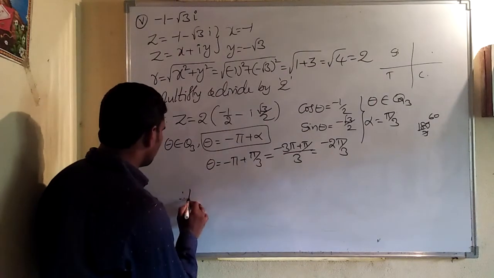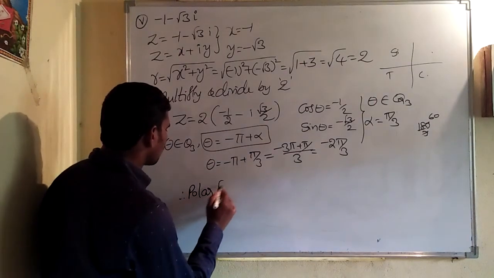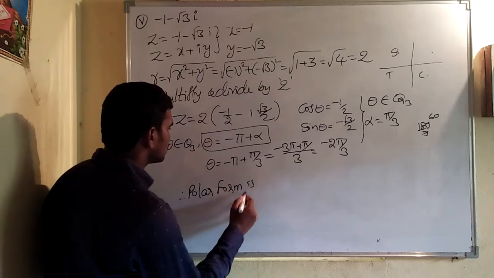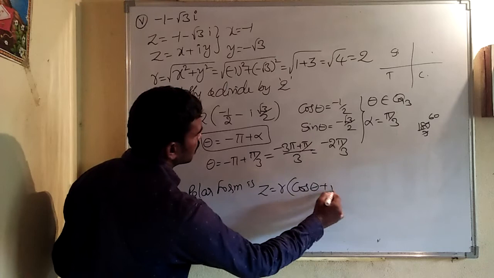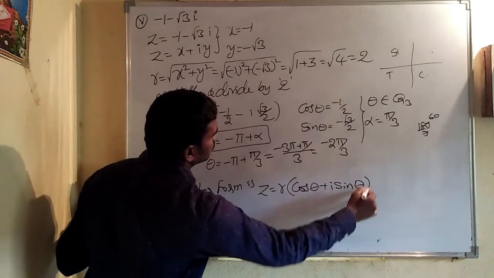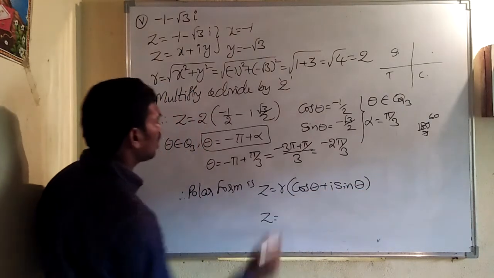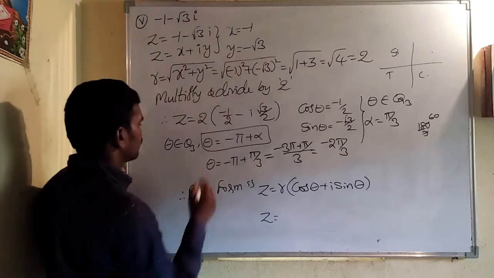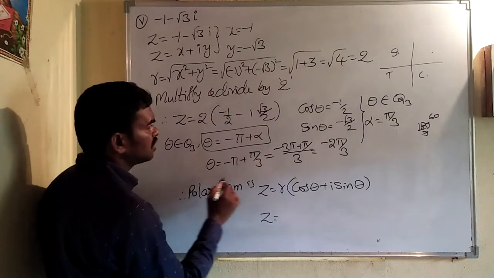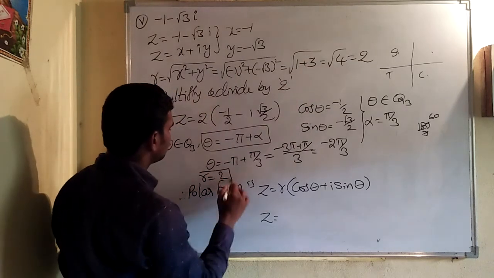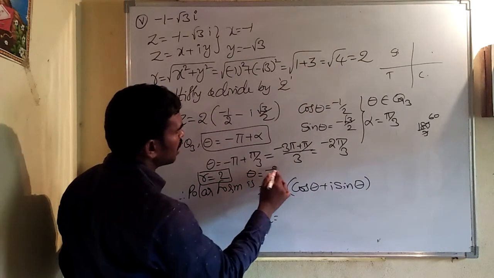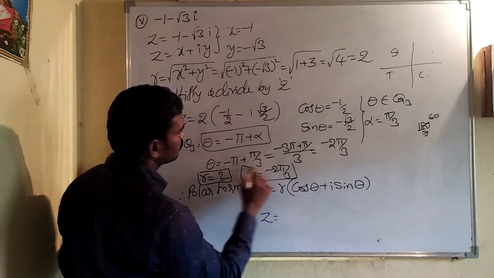What is polar form? Polar form is z equal r into cos theta plus i sin theta. So z equal r; what is the r value? We got it. The r value is 2 and theta value is minus 2 pi by 3.